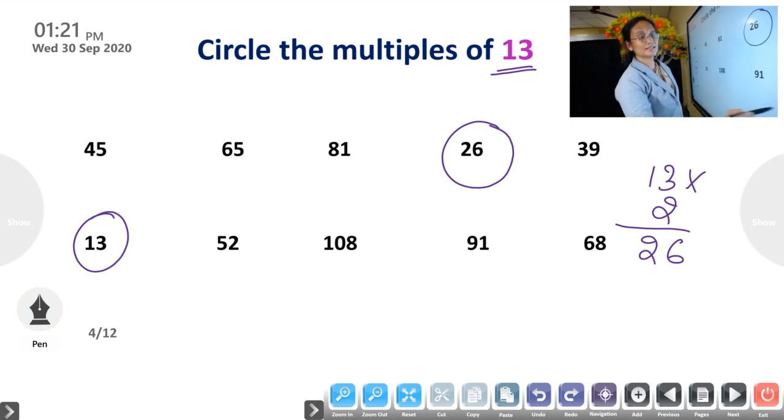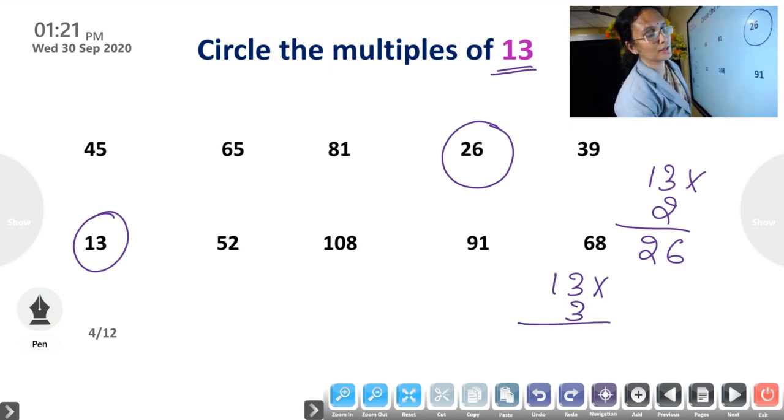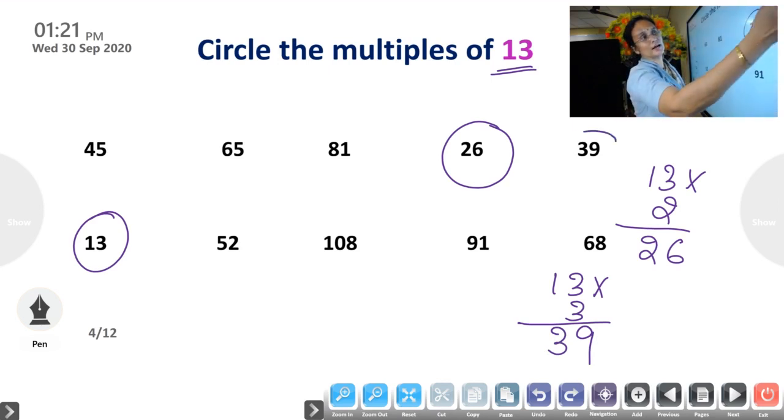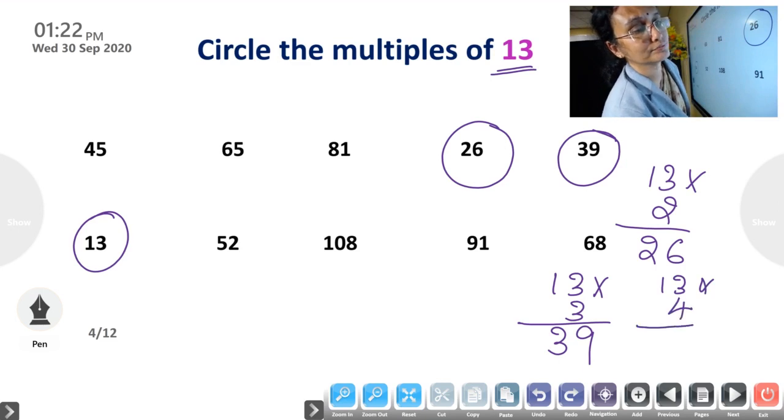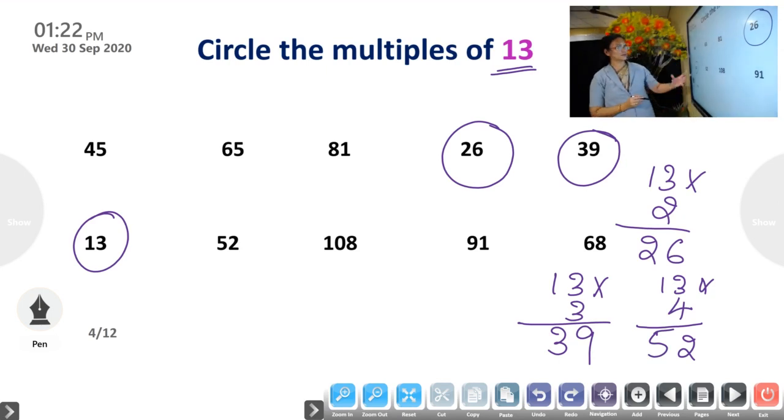Okay. Then to get the third multiple, 13 into 3 you have to check. 13 into 3, 39. 39 is here. So circle that. 39 is a multiple of 13. Okay. Now 13 into 4. Let us check whether that number is here. You are getting 52. 52 is the number here.